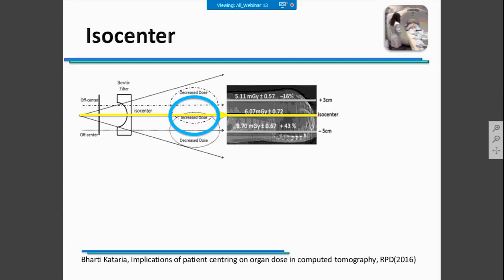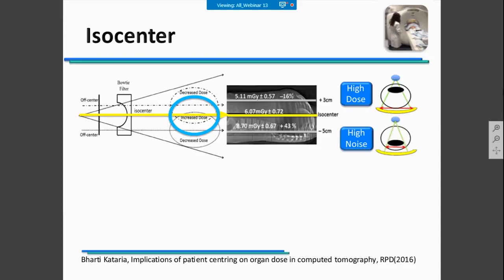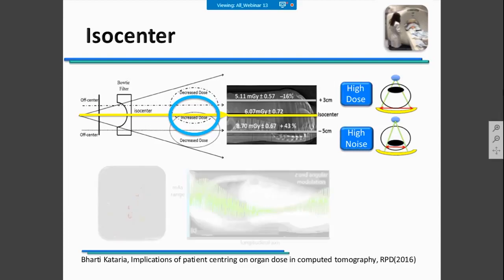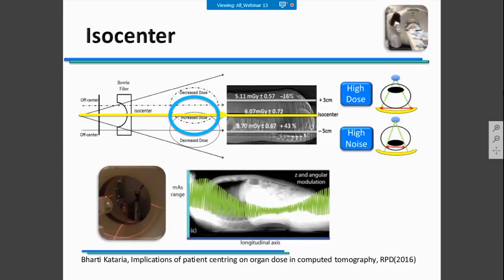However, sometimes this does not happen, and you could have high dose values or high noise because the patient is not properly positioned. So it's important to state that this is the first step: positioning the patient correctly at the ISO center of the gantry. Another important thing, if you are using a modulation system, is that the system will work properly only if you put the patient at the ISO center.